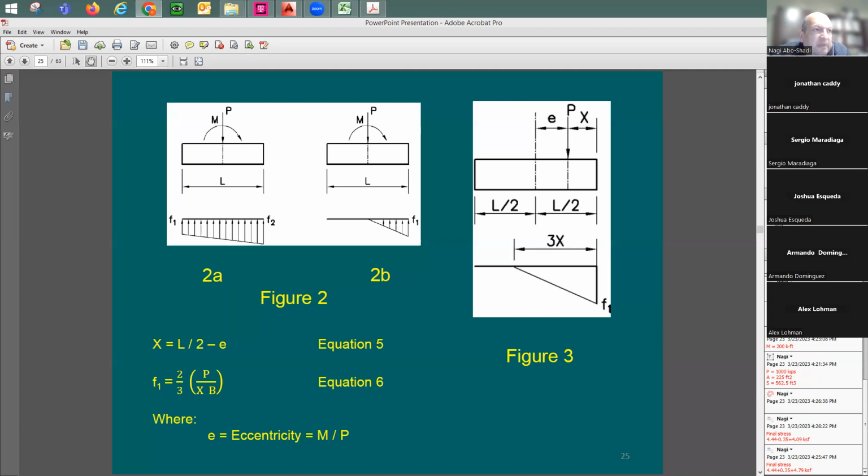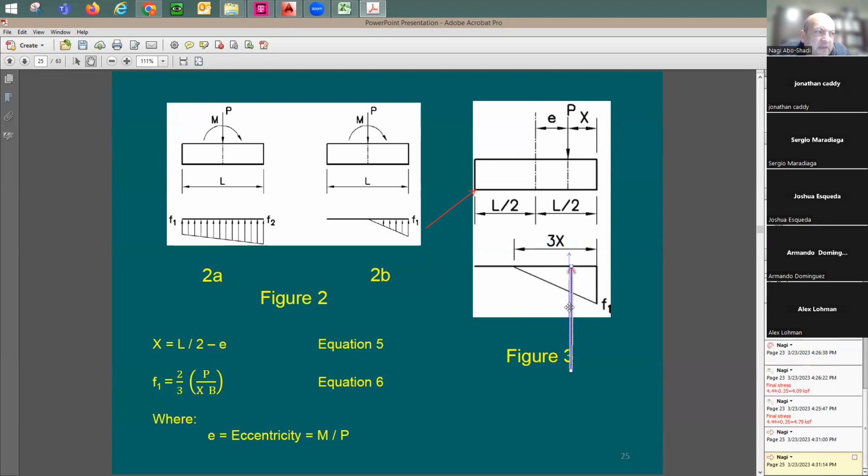If you'd like to take the moment about the point here, let me point at it, this pressure coming down like this, multiplied by the distance from this point to the point of application, is going to be equal to the pressure coming from the underside of it. The resultant of the pressure needs to be aligned with this pressure here.